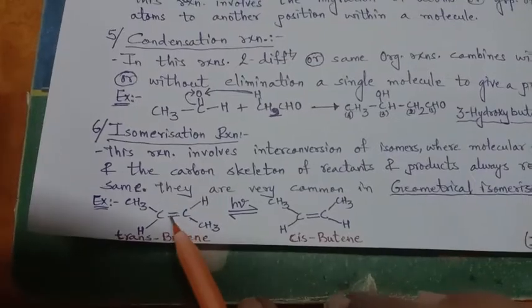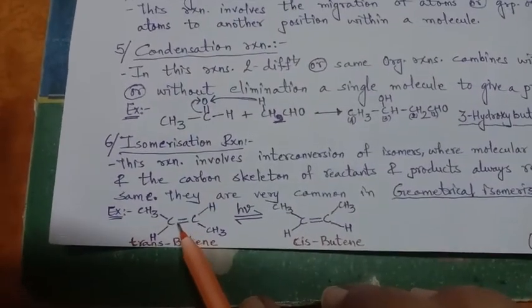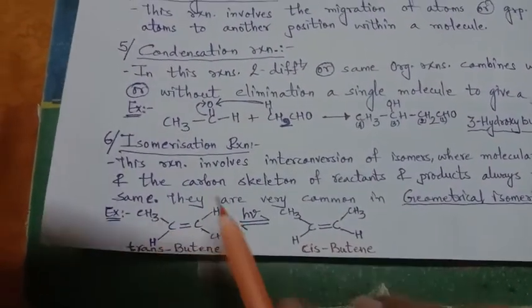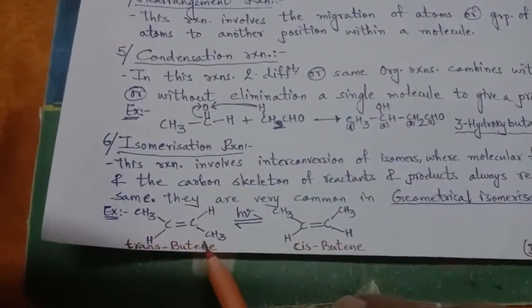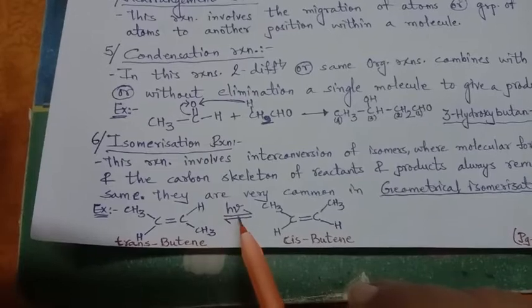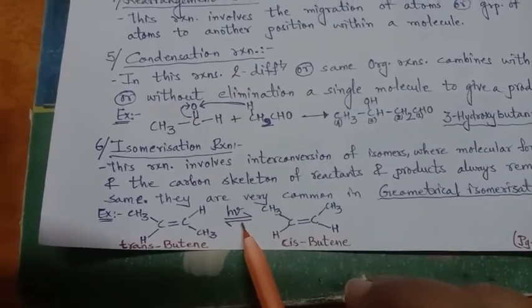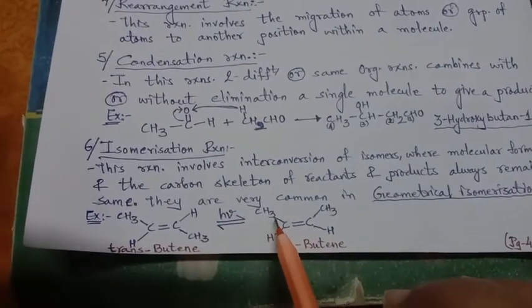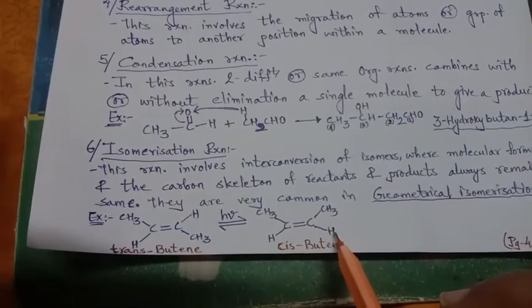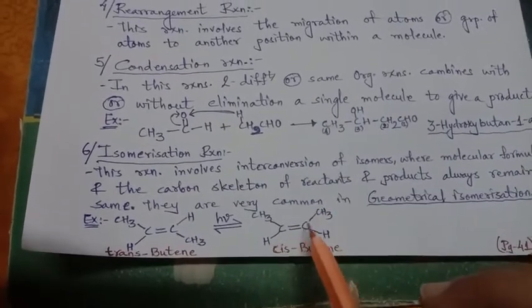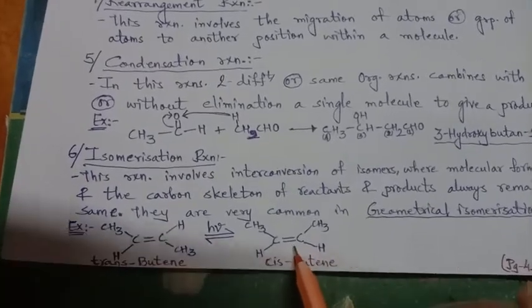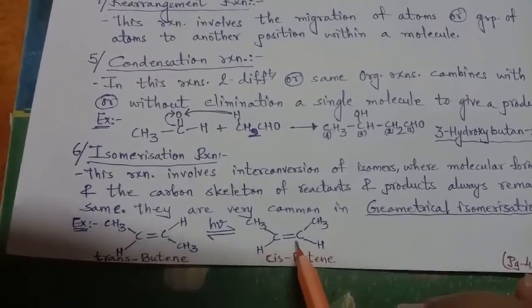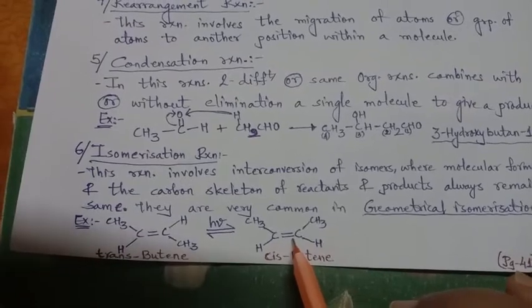And here this is our butene. But what type of butene? See here, methyl group and here methyl group. Both are opposite. So it is trans-butene. When passed through ultraviolet radiation, the trans-butene will be interconverted. The position from here to here, delocalization takes place. But as I explained, due to the double bond, they will not undergo complete rotation.